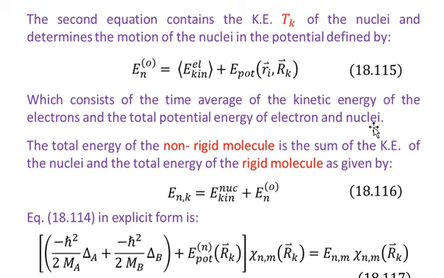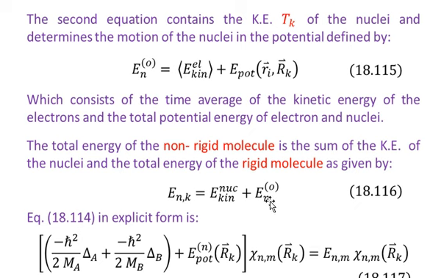The total energy of the non-rigid molecule is the sum of the kinetic energy of the nuclei and the total energy of the rigid molecule as given by E of nk. You remember that I am writing this expression for the non-rigid molecule. En of k is equal to E kinetic of nuclei plus En of 0.